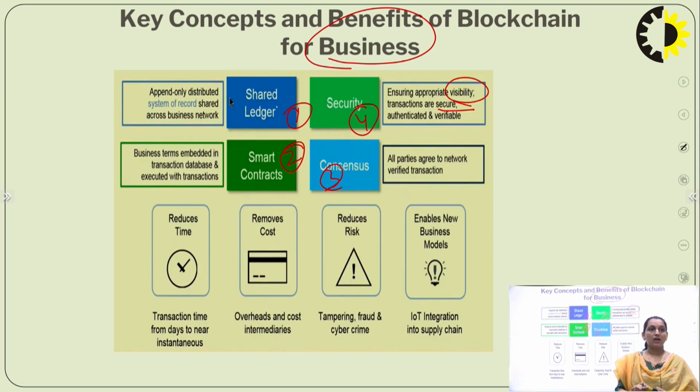This gives us a benefit in using a blockchain, and it reduces time, as the transaction time is instantaneous, and cost also, and risk also, because we have security here, and it enables business models to use it. So more and more businesses will use blockchain, and they get a high market and a profit from it, and we are giving authentication. That's why we are using blockchain in our businesses.